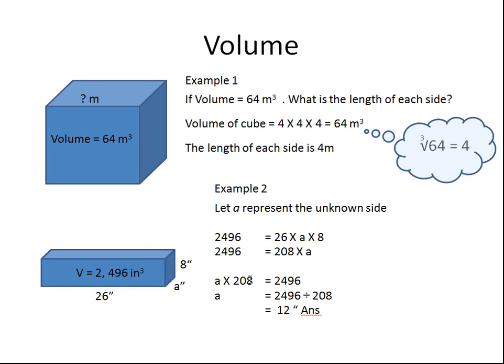So multiply by 208 becomes divided by 208 on the right-hand side, so that my left-hand side is left with just A. Now this is definitely correct. But what I said earlier about dividing the left-hand side by 208 and dividing the right-hand side also by 208 is the logic behind it.